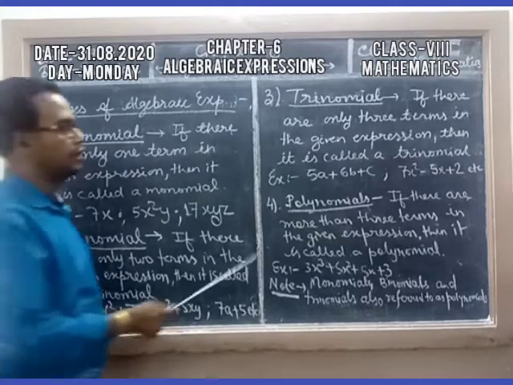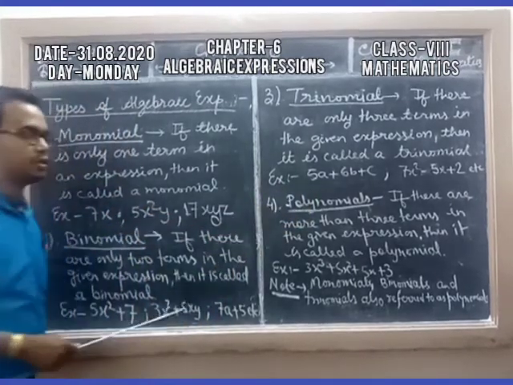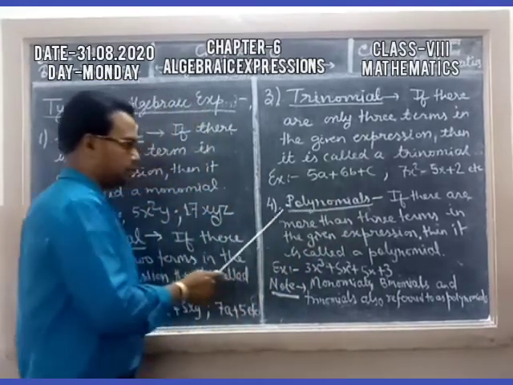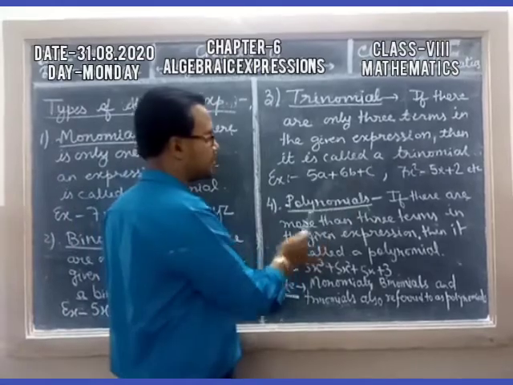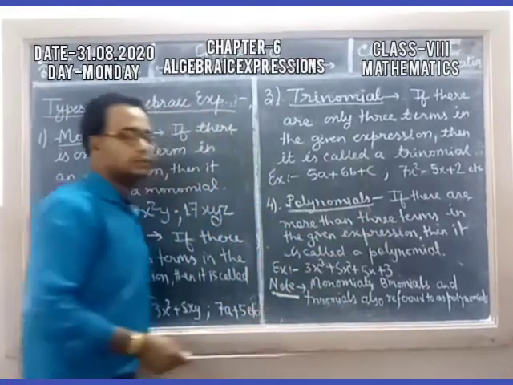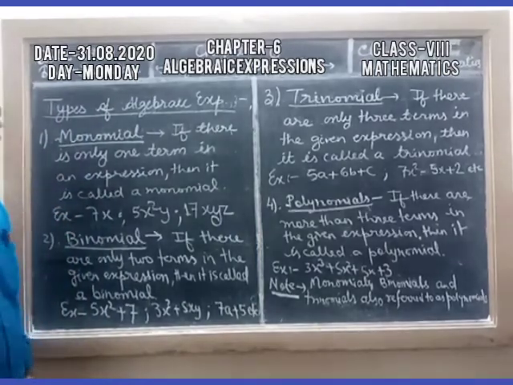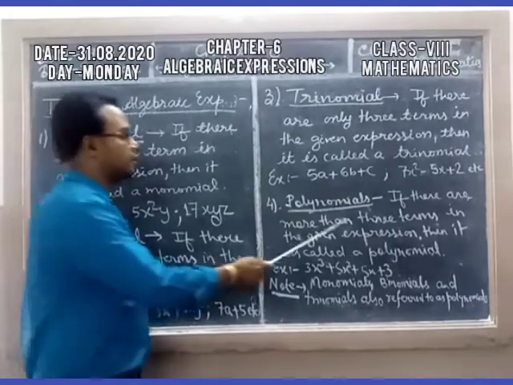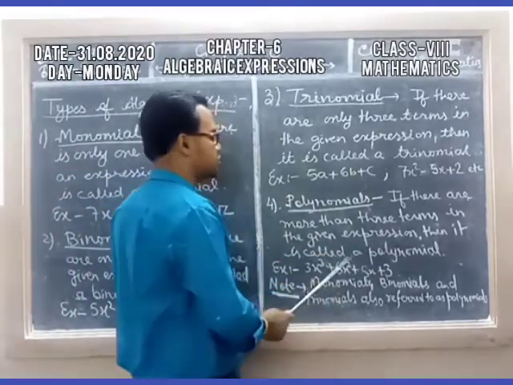Third, trinomial. If there are only three terms in the given expression, then it is called a trinomial. 5a plus 6b plus c is a trinomial. 7x square minus 5x plus 2 is also a trinomial. Now polynomial. If there are more than three terms in the given expression, then it is called a polynomial.